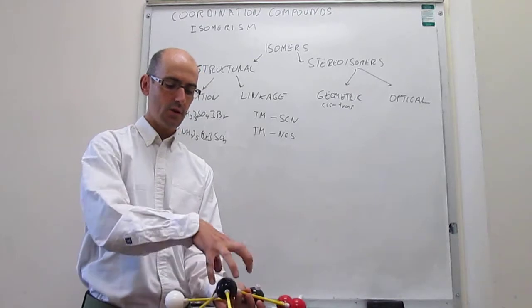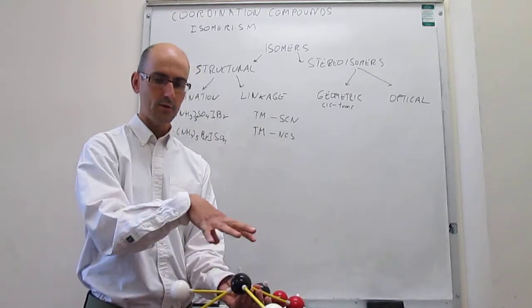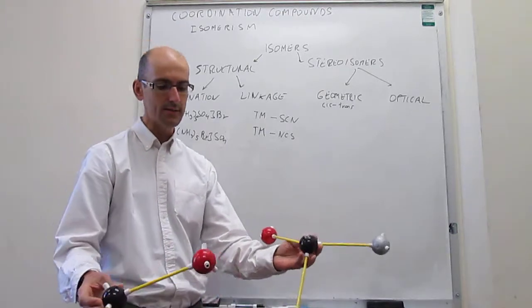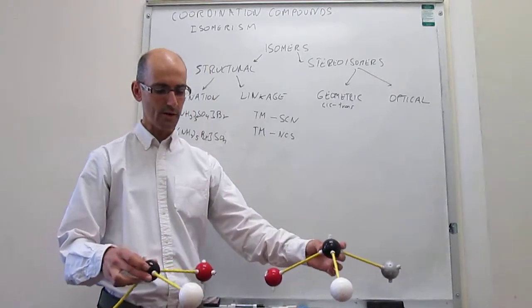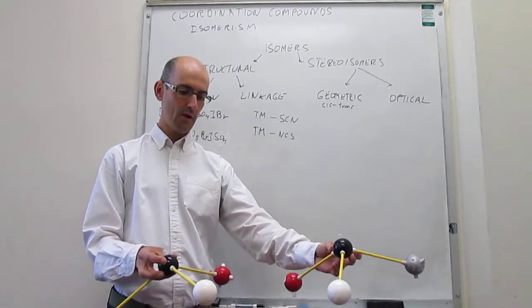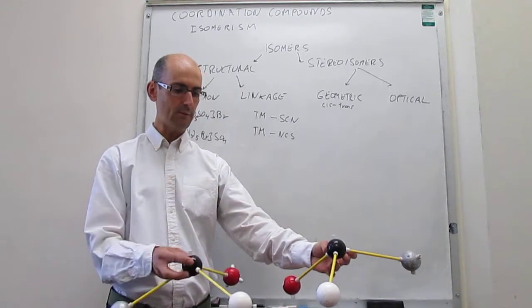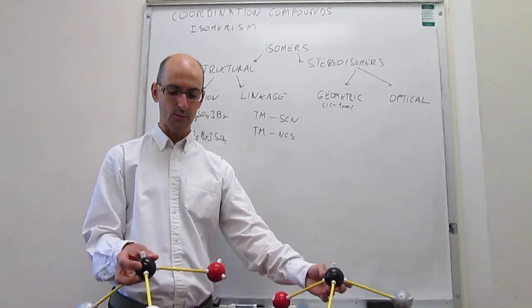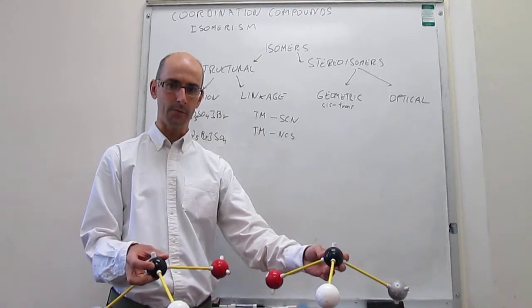So nitrogen, your lone pair, then hydrogen, and an ethyl and a methyl, right? So the color code is the same, and you can clearly see how these two molecules are mirror images of each other, right? If you have a mirror in between those two molecules, you will see that this one is the reflection of that one in the mirror, okay?